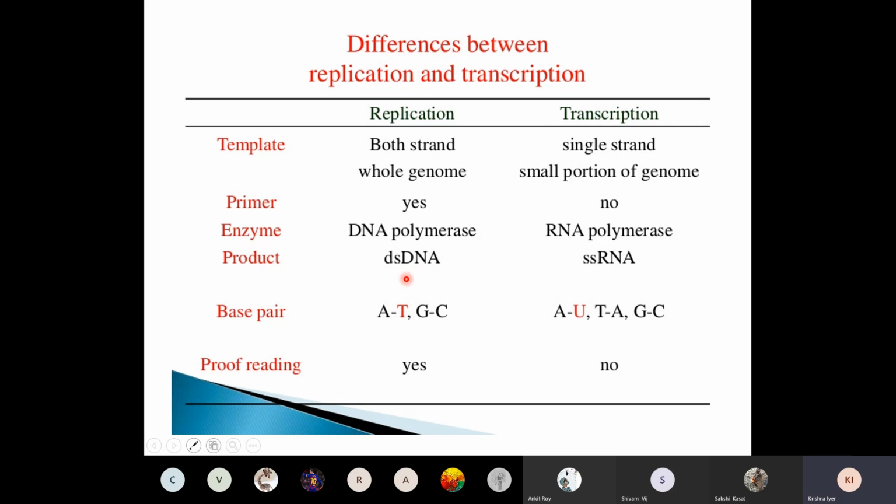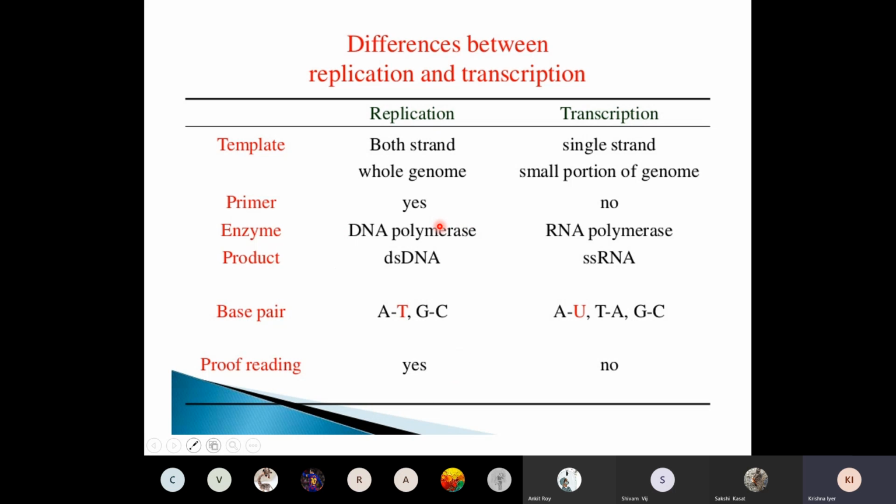Okay. And as this is occurring, the bases which are used are the deoxy ATPs, the deoxy TTPs, the deoxy GTPs, deoxy CTP, and during the process of polymerization, proofreading occurs so that there is no error while doing this duplication. So essentially, this is a summary of what you learned when you did replication.